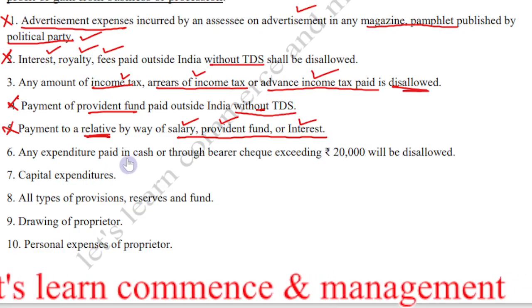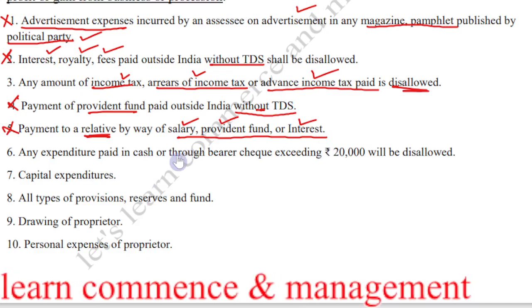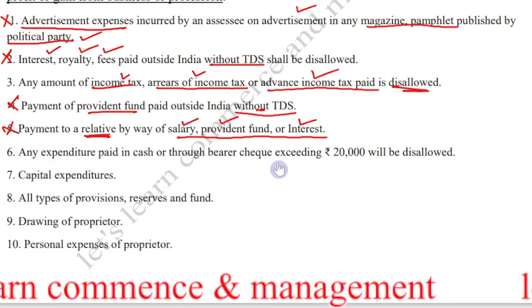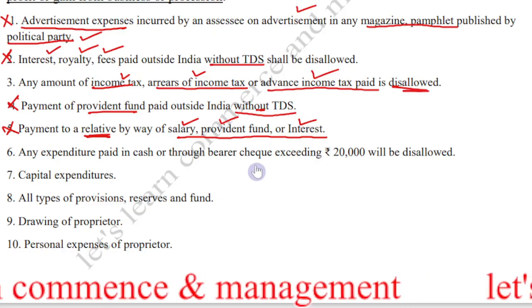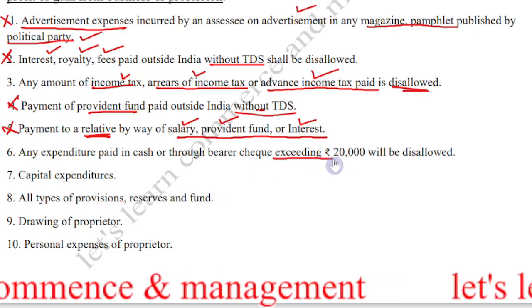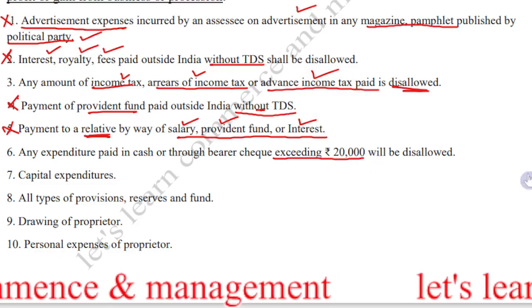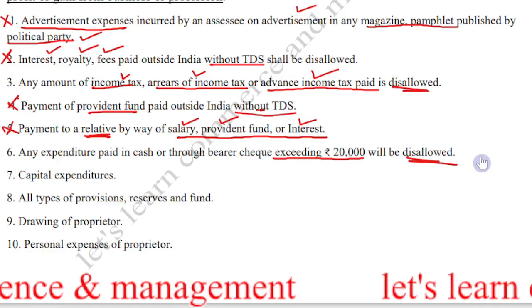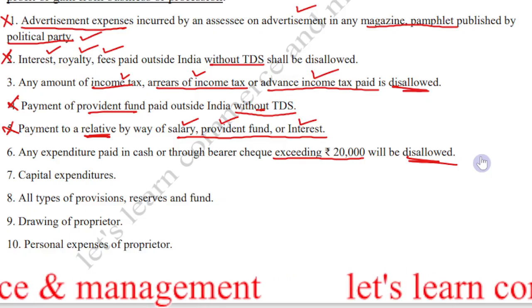Any expenditure paid in cash or through bearer cheque exceeding rupees 20,000 will be disallowed. It is not an admissible expenditure.